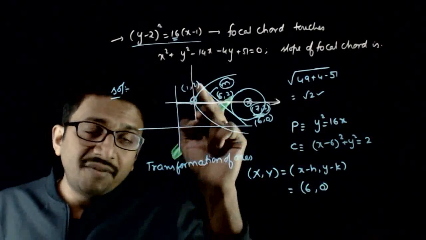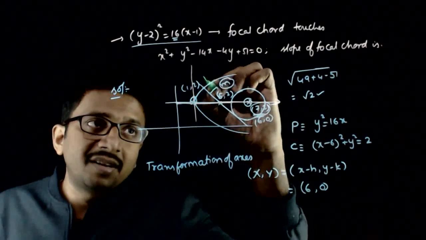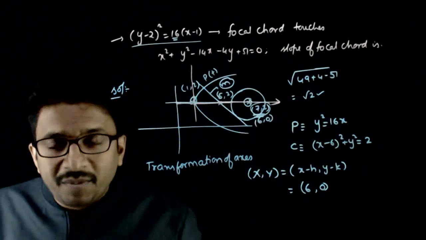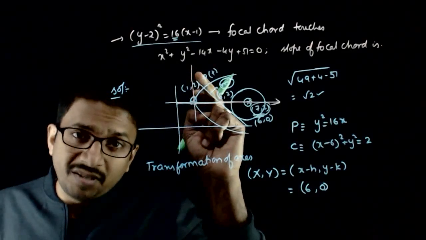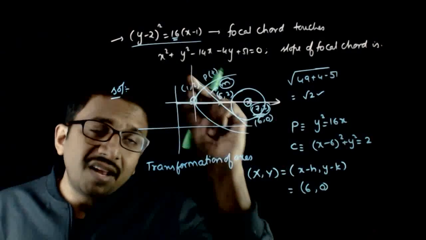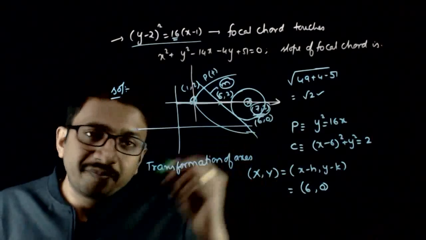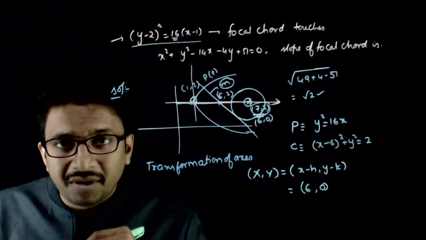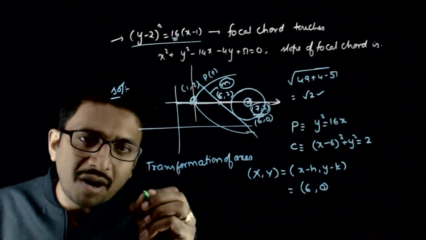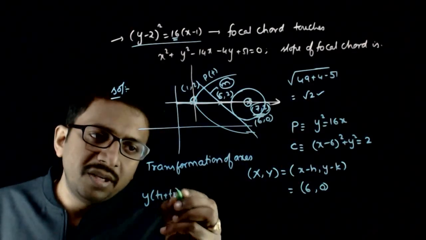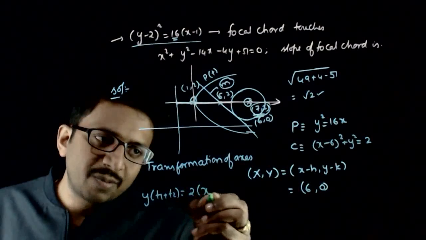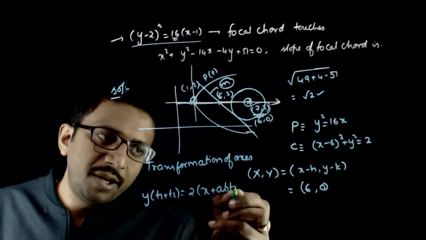Now let us consider a focal chord. Let us consider a point P whose parameter is t. Now let us consider a focal chord through this point. What is the equation of the focal chord? The equation of a general chord joining t1 and t2 is y(t1 + t2) = 2x + 2a t1 t2.